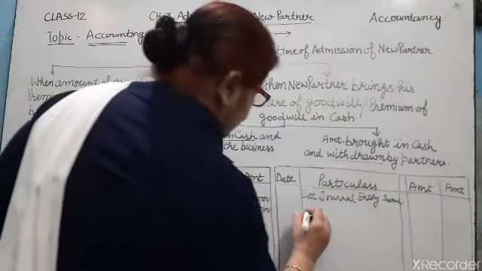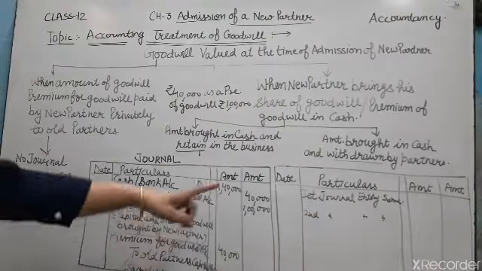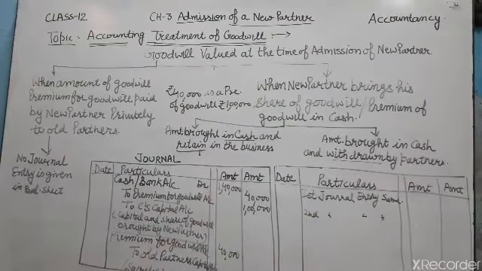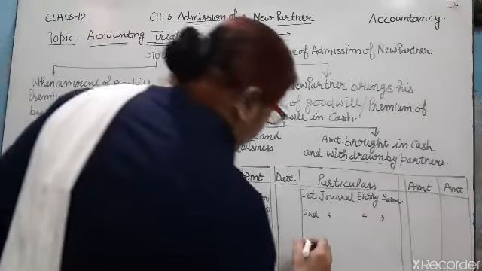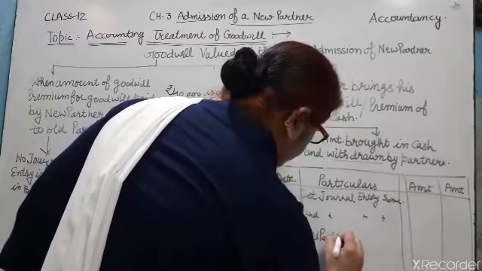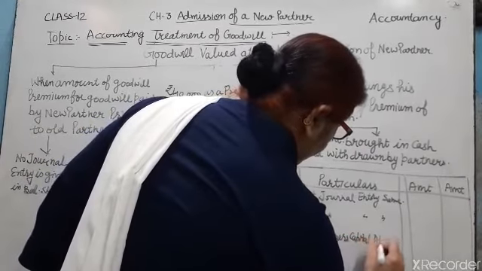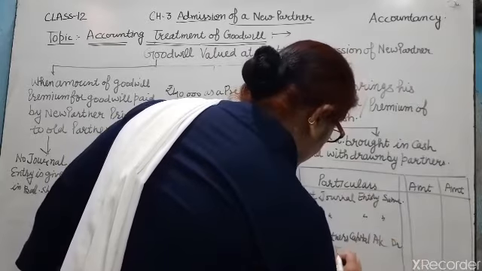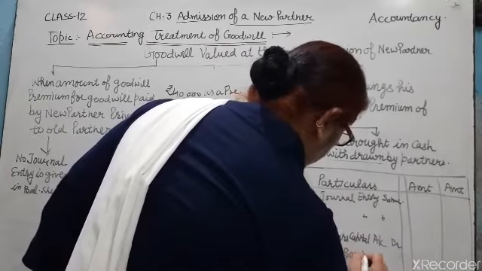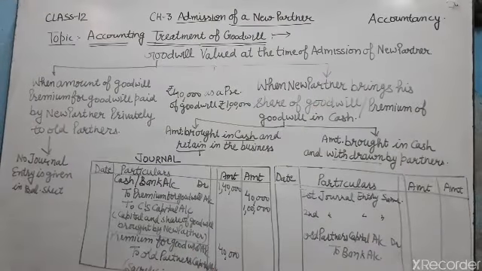The second entry is the same, and the third entry we make for the withdrawal of the amount. That journal entry is old partners' capital account debit, to bank account, because the partners withdraw their amount of goodwill.